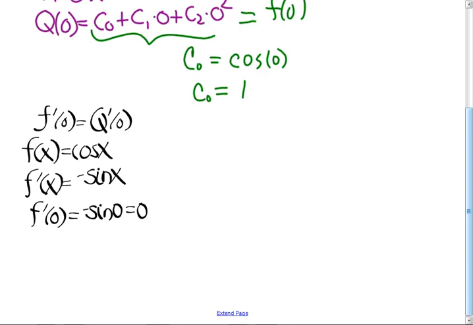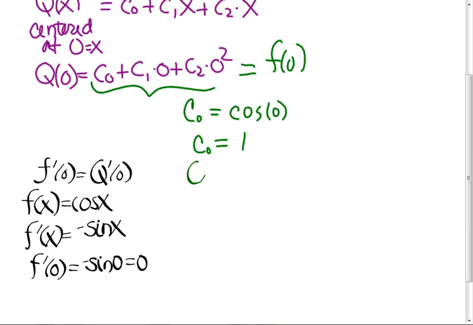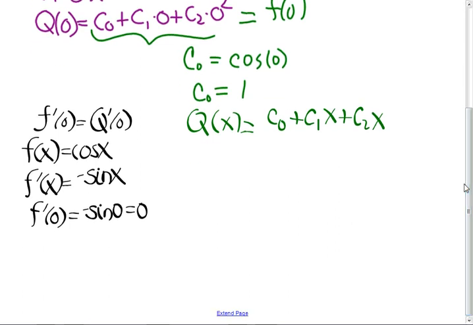Okay. Now let's do the next one. What was my q? Q of x, we're trying to find what c1 is. Let me rewrite it. It's c0 plus c1x plus c2x squared. What's q prime? What's the derivative of my approximation?